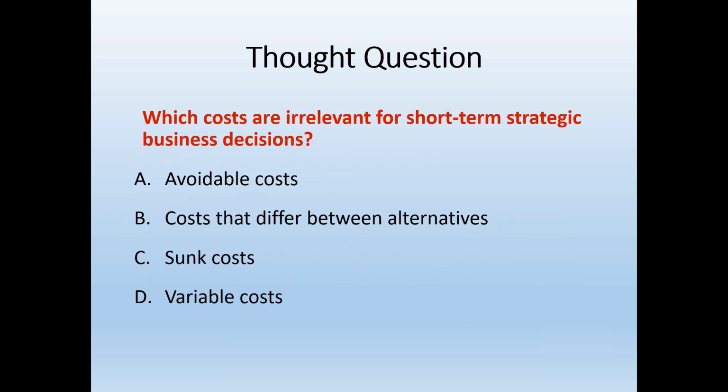Here's another question. Which of these costs would be irrelevant for a short-term strategic business decision? Avoidable costs, costs that differ between the two alternatives, sunk costs, or variable costs?